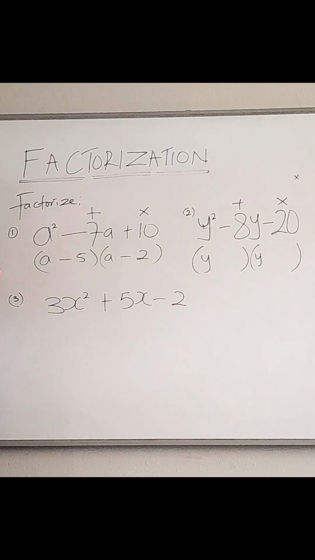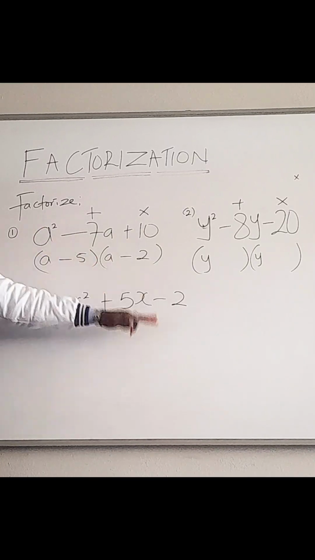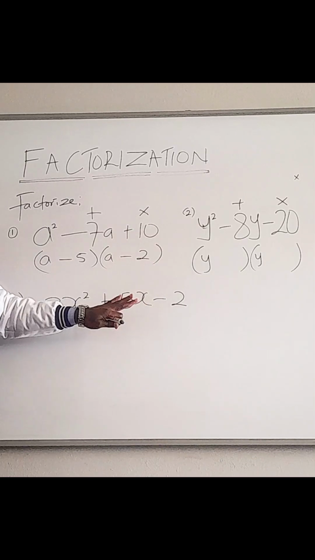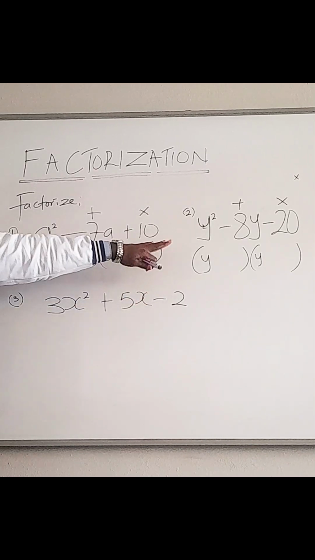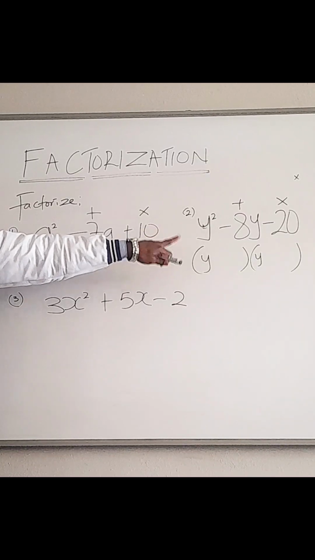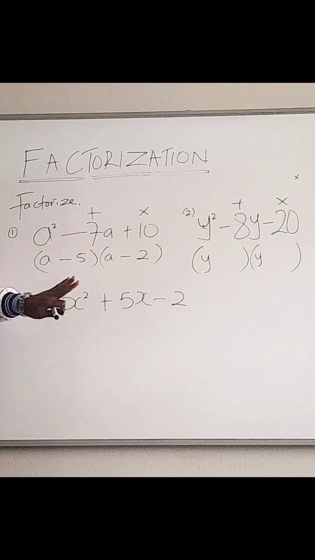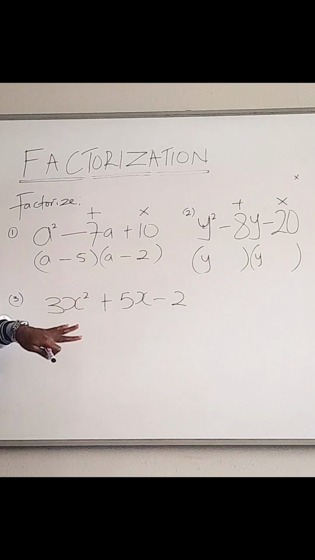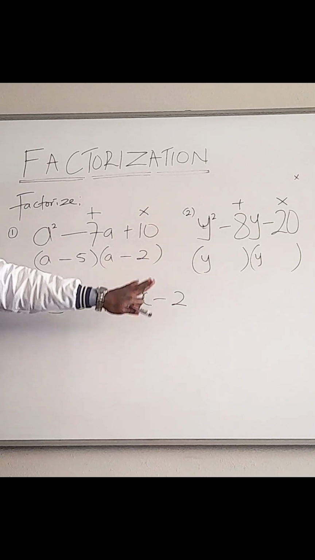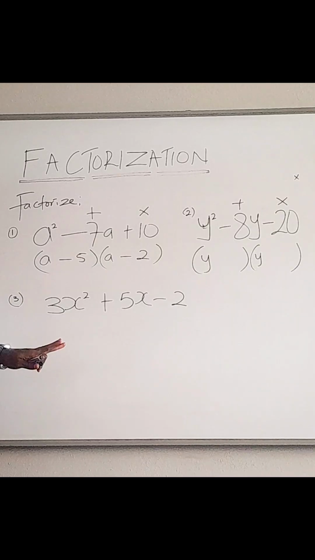Yes, you may think it's trial and error, but with time and constant practice, you will learn how to go straight to the needed numbers. So here, if we want to factorize, we take -10 and +2. Remember, they mustn't have the same sign. -10 plus 2 gives me -8.